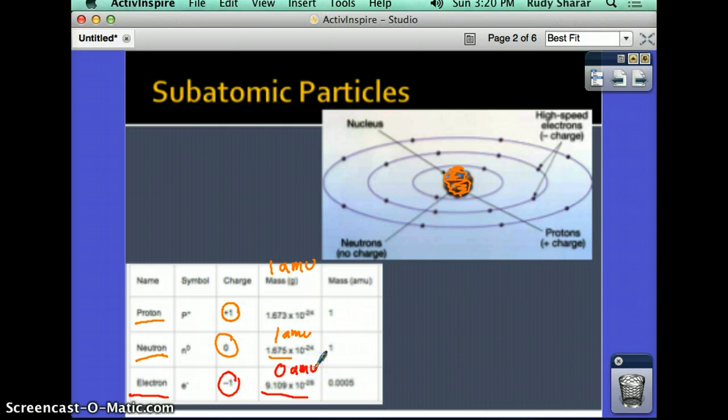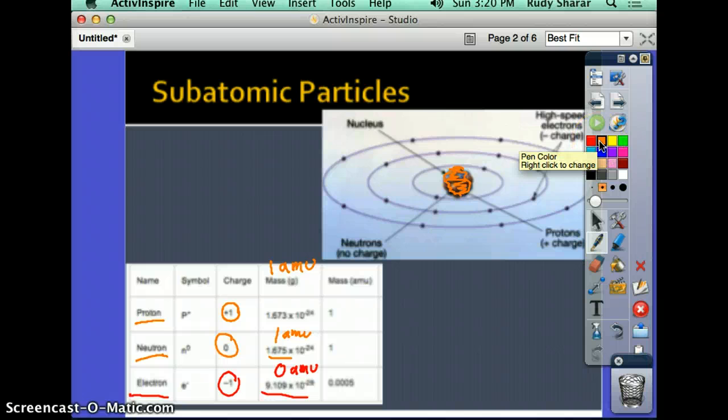Well, let's just think about these numbers for a minute. The mass of the proton and the neutron, okay, is about 1.6 times 10 to the negative 24th. The mass of the electron is something times 10 to the negative 28.